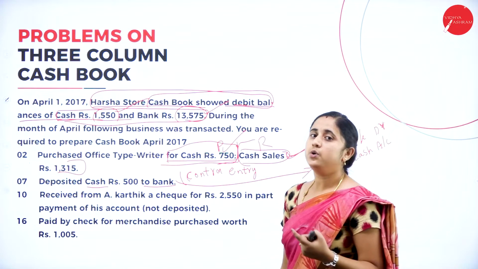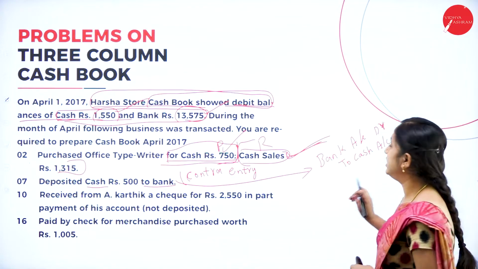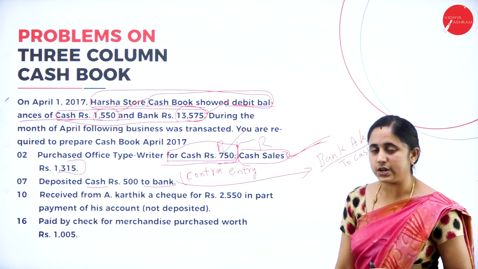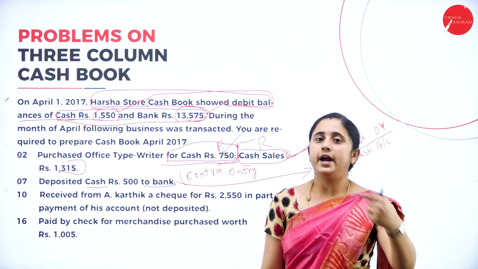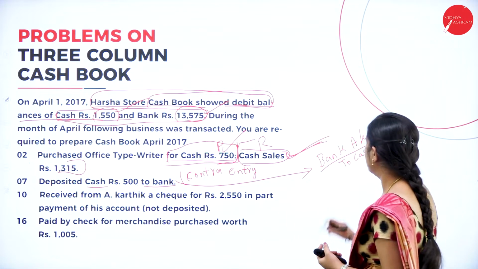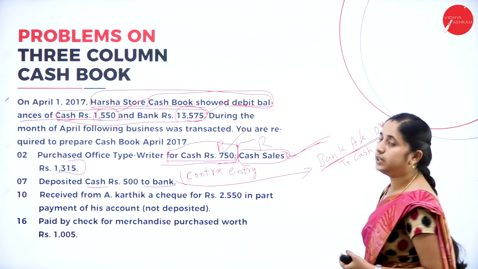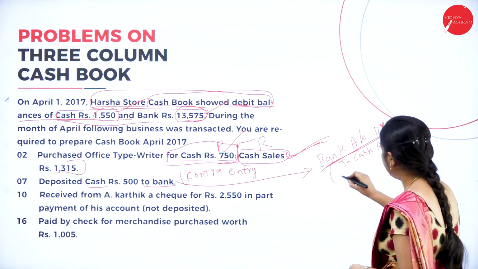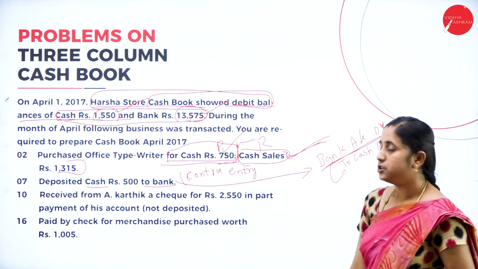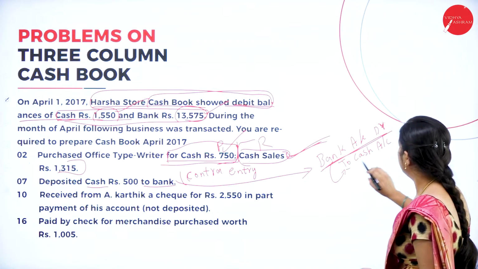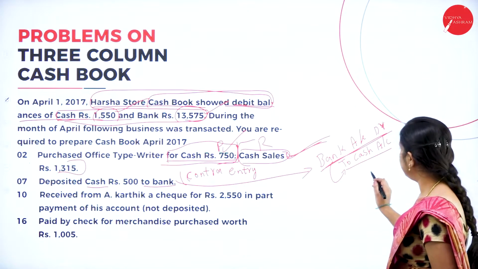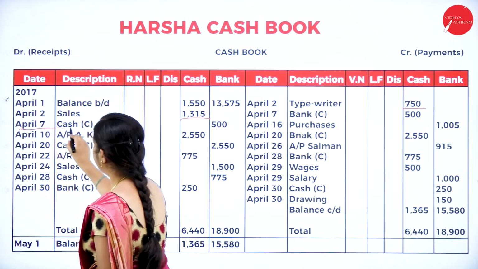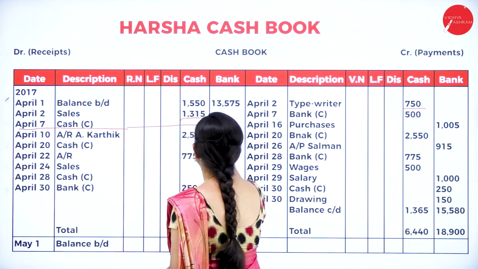Now we are going to write it in the cash book. First, consider the bank transaction and post it into the cash book. Here bank is debited, so write it on the debit side of the cash book, against which cash account is credited. Write cash account rupees 500 in the cash book: April 7, cash account rupees 500.